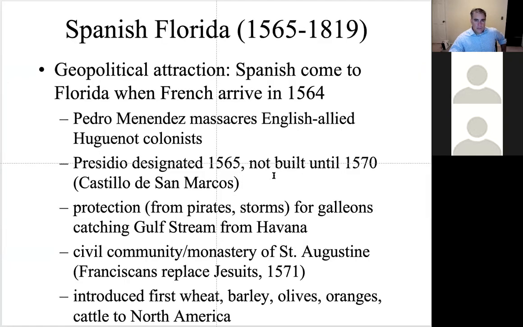Okay, so here are some notes for you. I've mentioned the Huguenots a little bit. Prior to the Huguenots landing in South Carolina in the late 17th, early 18th century, earlier attempts were made.